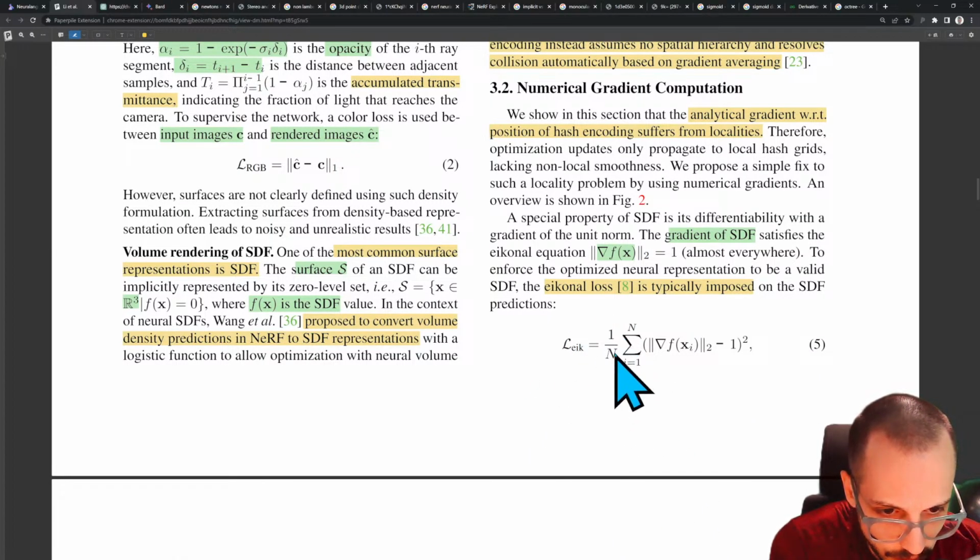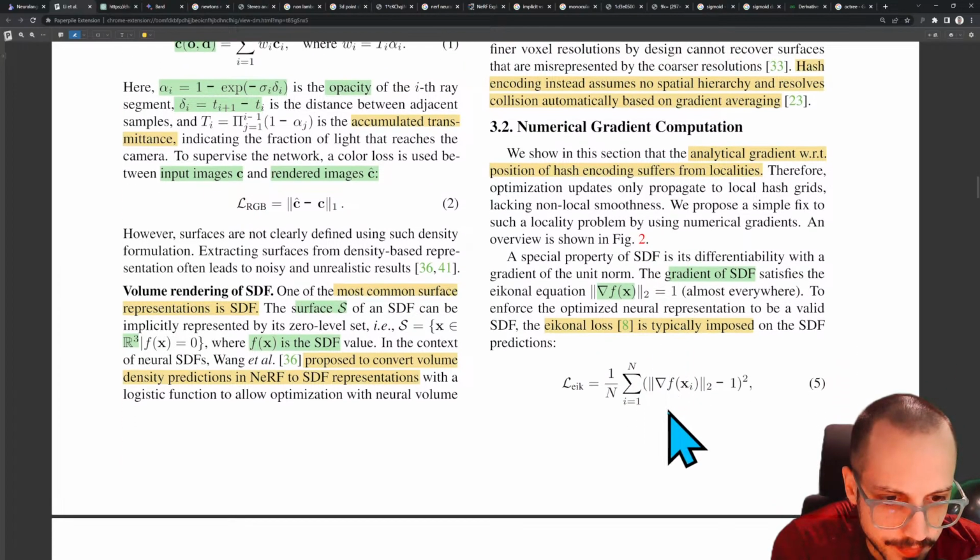So this is 1 over n summation from 1 to n. Whenever you see 1 over n summation 1 to n, this is basically the average of the grad of f at x_i. So at each point x_i, and obviously there's going to be n total points, minus 1 squared.